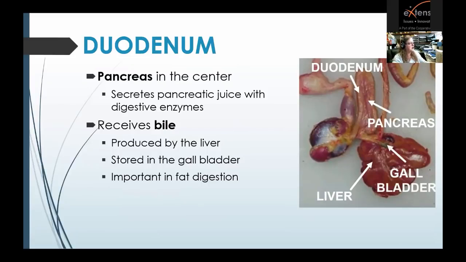This chicken has obviously been eating because the gallbladder is very small. It's been emptying into the digestive tract. If it's very large, then the chicken has not been eating.